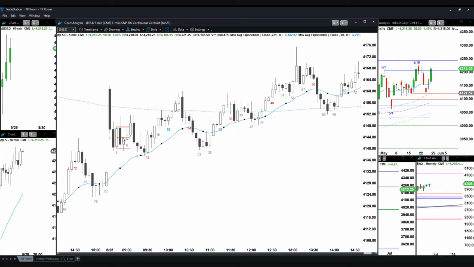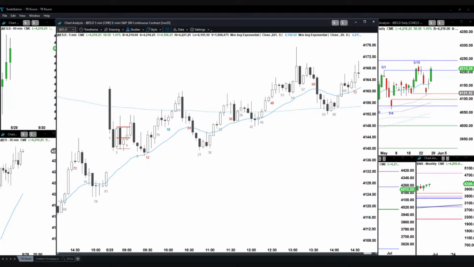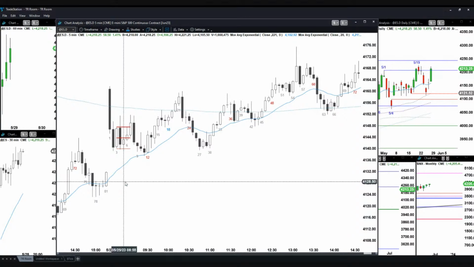And you can also argue if you bought the low of bar 4 right here, let me try one other thing really quick. I got to share the whole screen. The bar 4 low right here is 39.75, and the high of this bar is 44 even.